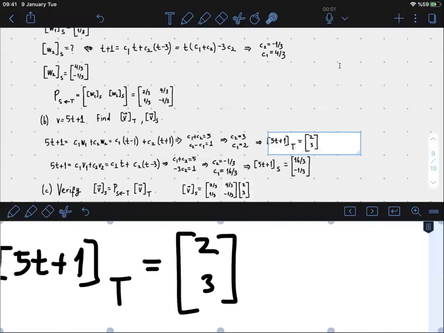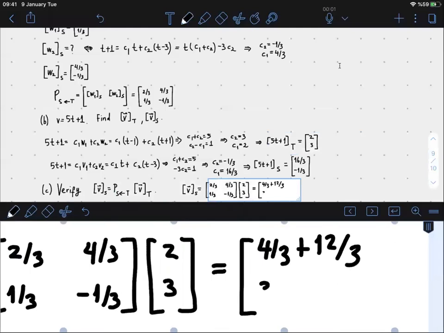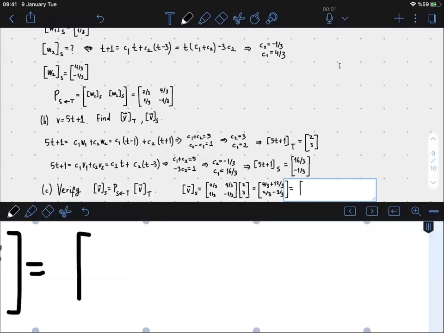Right? 2, 3. Then let's compute this. 2/3 times 2 is 4/3 plus 12 over 3, and this one is 2 over 3 minus 3 over 3, and this gives us 16 over 3 and minus 1 over 3.